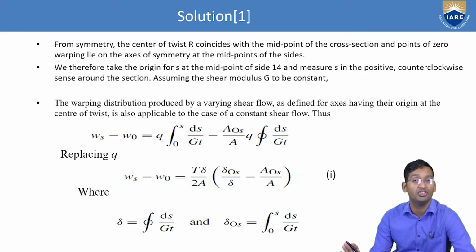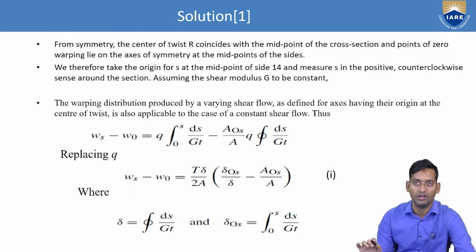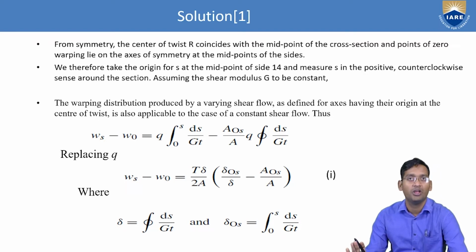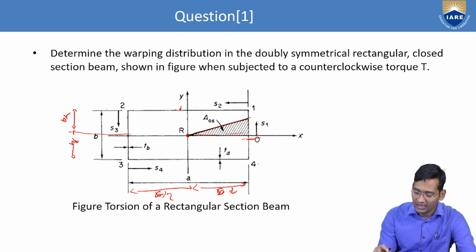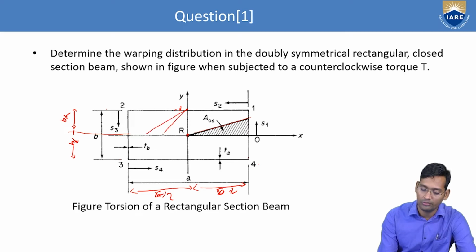The point of zero warping, where warping will be 0, lies on the axis of symmetry at the midpoint of the side, so all the midpoints of the sides. We therefore take the origin for S at the midpoint of side 1, 4. Take the origin here, though you can take it anywhere. Then you draw a triangle area like this, and this will be dA.